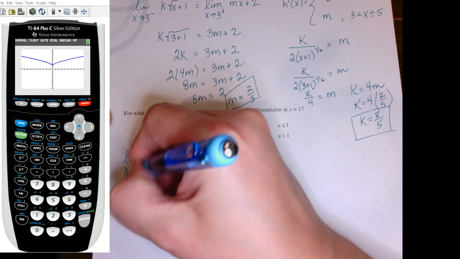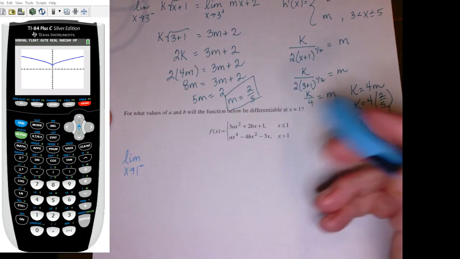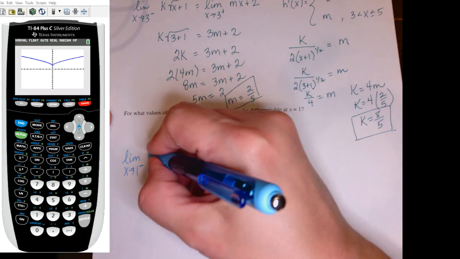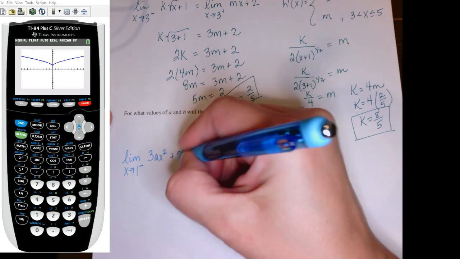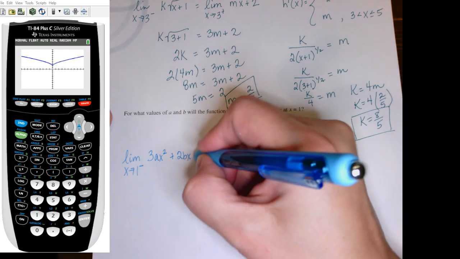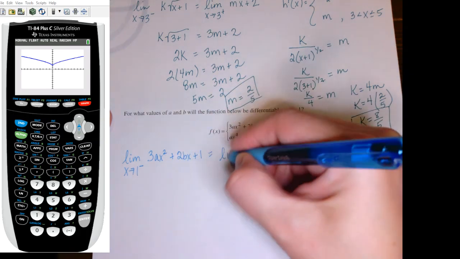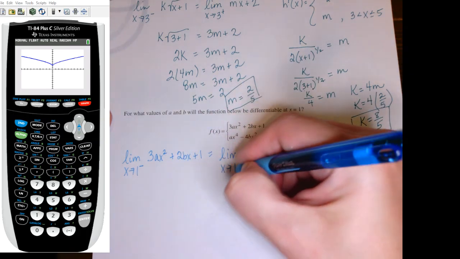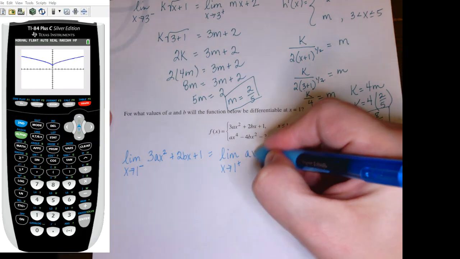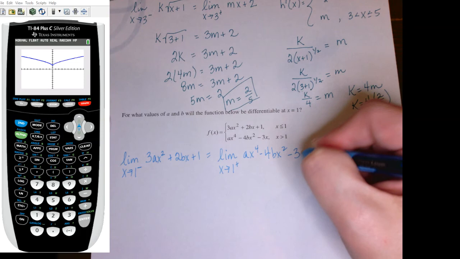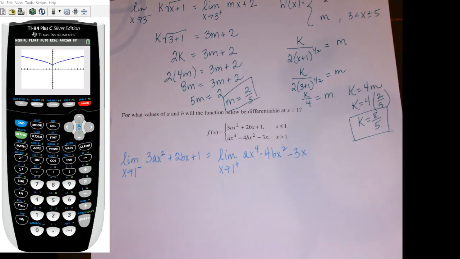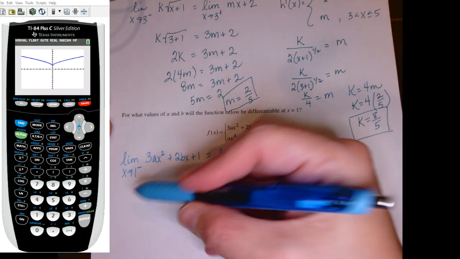We know the limit as x approaches 1 from the left, we'll use our first piece in our piecewise function. And the limit as x approaches 1 from the right, we'll use the second piece. Let's make our substitutions with x being 1.